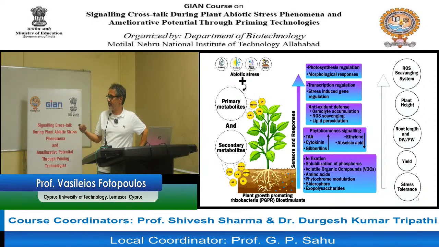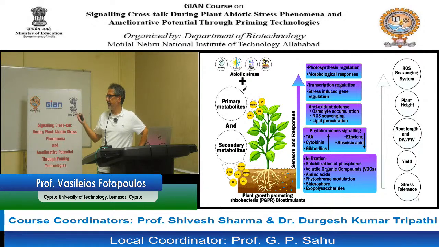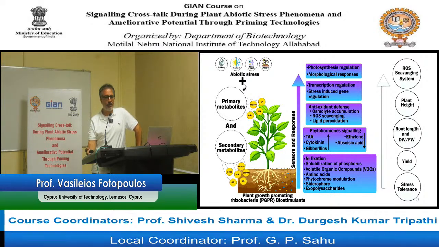So this includes improvements in nitrogen fixation through rhizobia, which are nitrogen-fixing bacteria, like Azotobacter, for example, the solubilization of phosphorus, and the uptake of phosphorus is also mainly assisted by what? You know what really helps with improved phosphorus uptake? Yes, exactly, mycorrhiza. This is the best way to improve phosphorus nutrition.